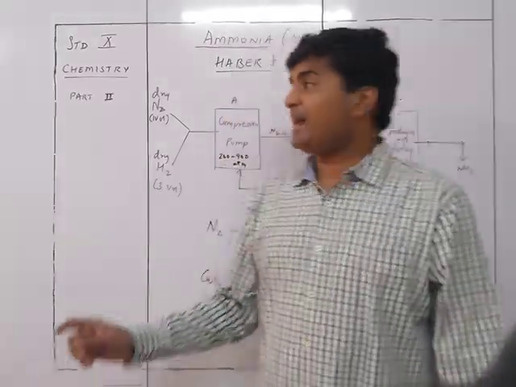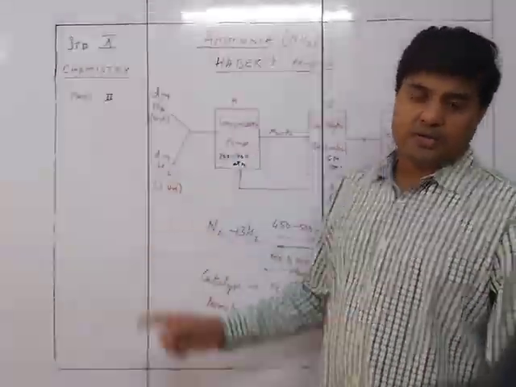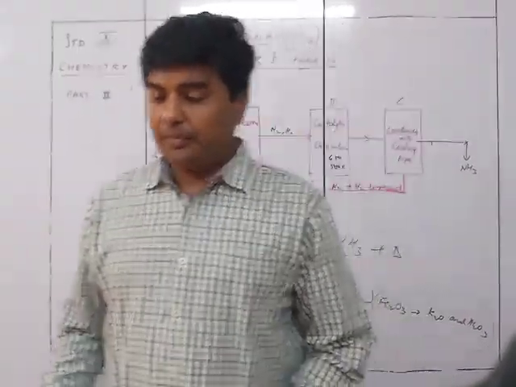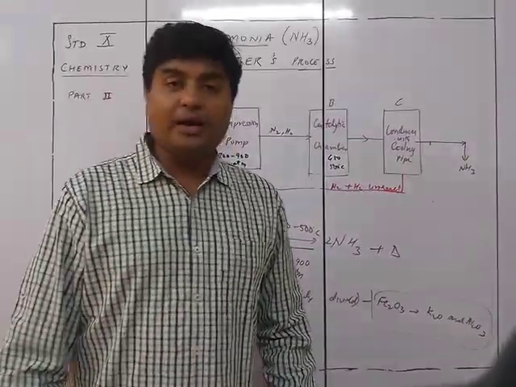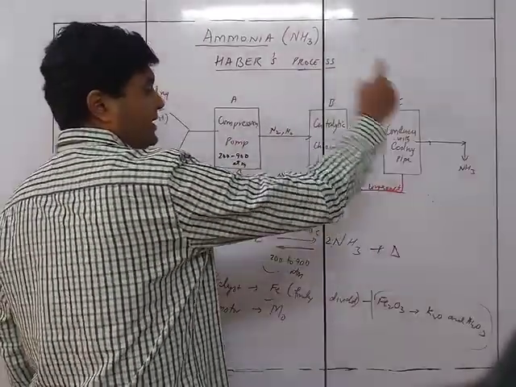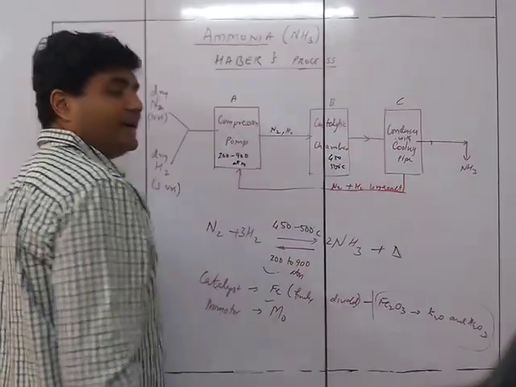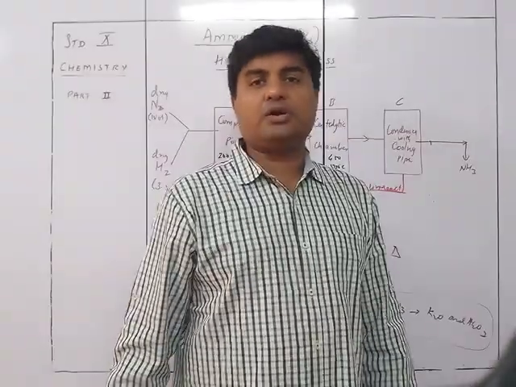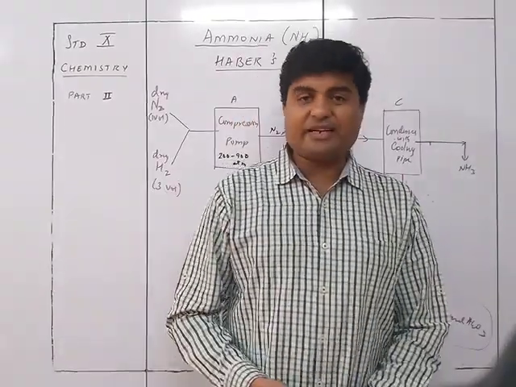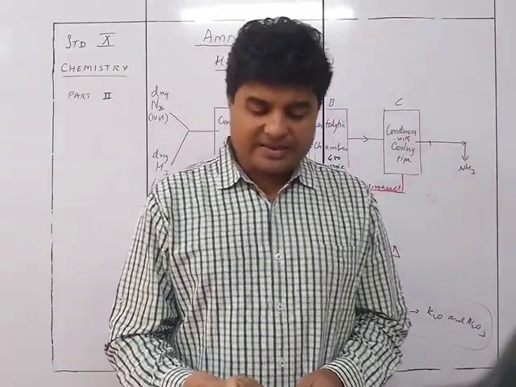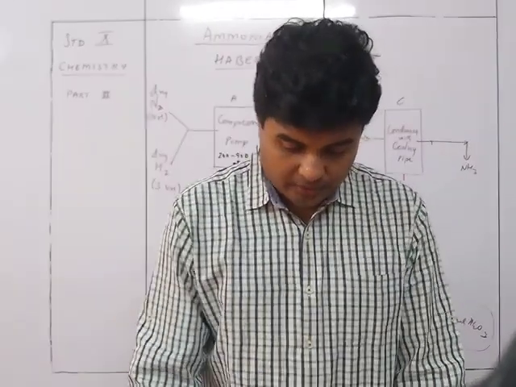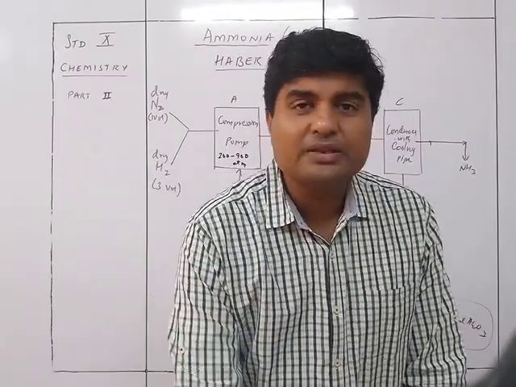Initially I get only 15 liters of ammonia from 100 liters of nitrogen and hydrogen, but later on when I keep reacting this again and again, I can get up to 98% ammonia. So that is what was extra given in the concise textbook, which I would better share with you right now. So that was about the laboratory preparation.